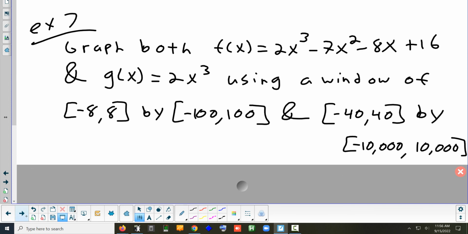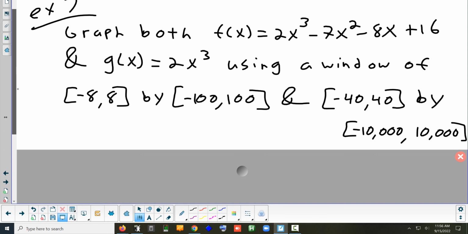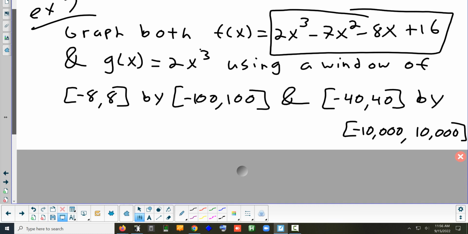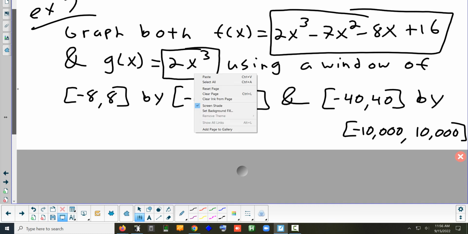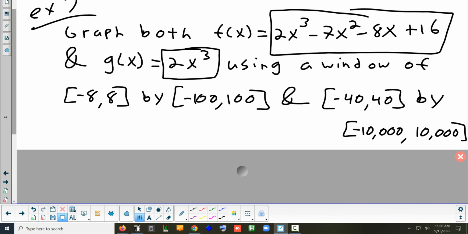All right, so let's finish up with this one. I want to graph both of those functions, this and this. What's this thing called again? The 2x cubed? The leading term. Or the EBM. End behavior model. So I want to graph the EBM of f of x, and I want to graph f of x itself.